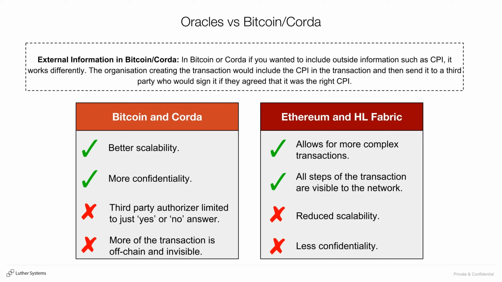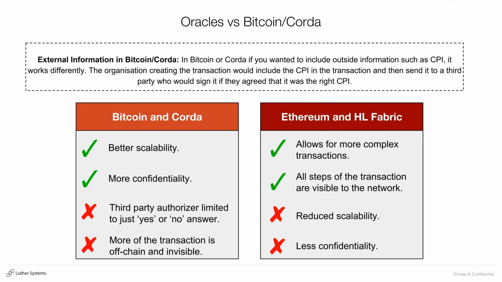So in those types of networks, when an organization creates a transaction, it would include all the constraints, and as part of those constraints, could require a third party to provide a signature that the transaction is valid.